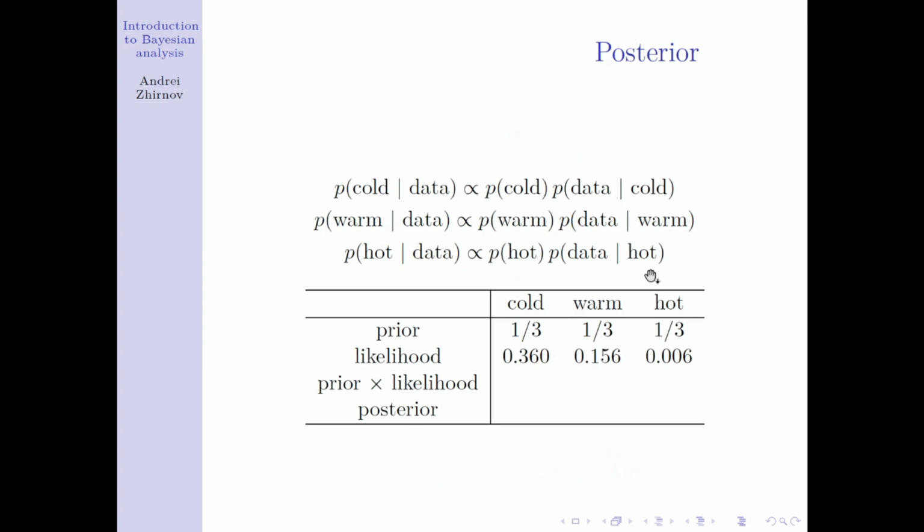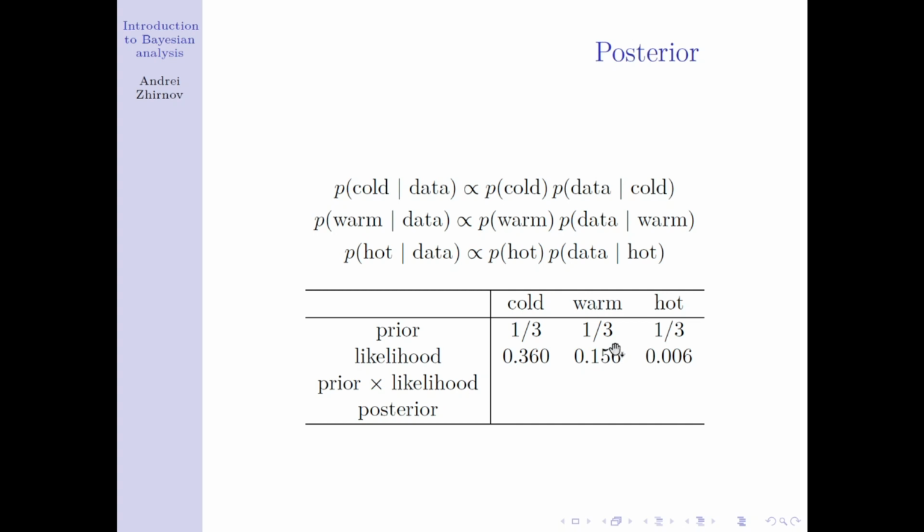Now let's do some calculations and actually produce the posterior probabilities of it being cold outside, warm outside, and hot outside, given the values for the likelihood function that we have and our non-informative priors. To do that, we need to multiply the prior probability of it being cold outside by the likelihood associated with it being cold outside, and write it down in this row, prior times likelihood.